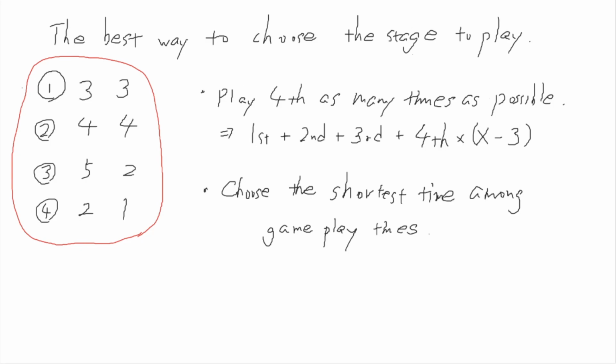If X is sufficiently large, the shortest time to play is calculated like this: you want to choose the shortest time among the gameplay times.